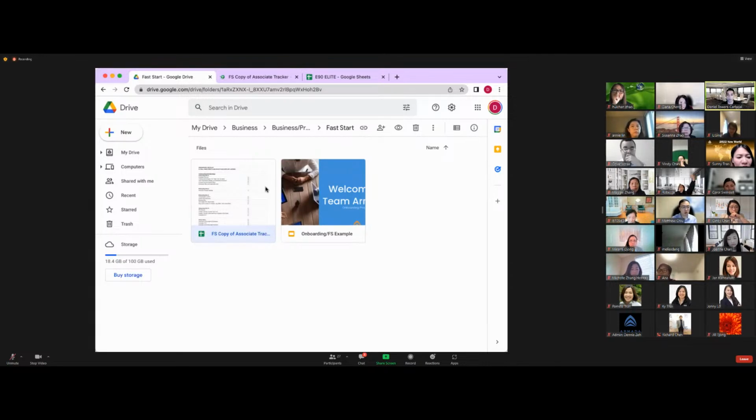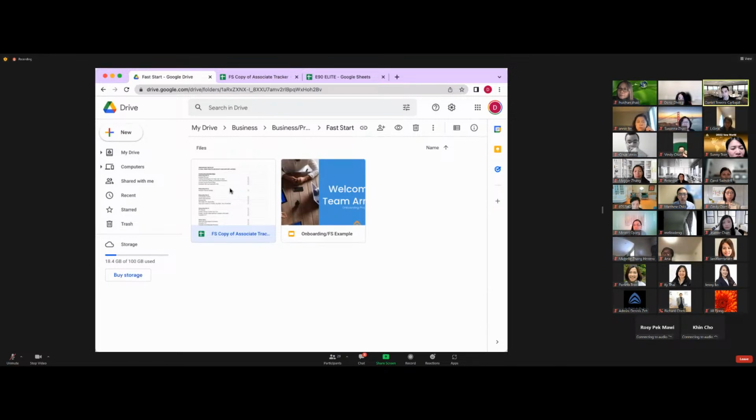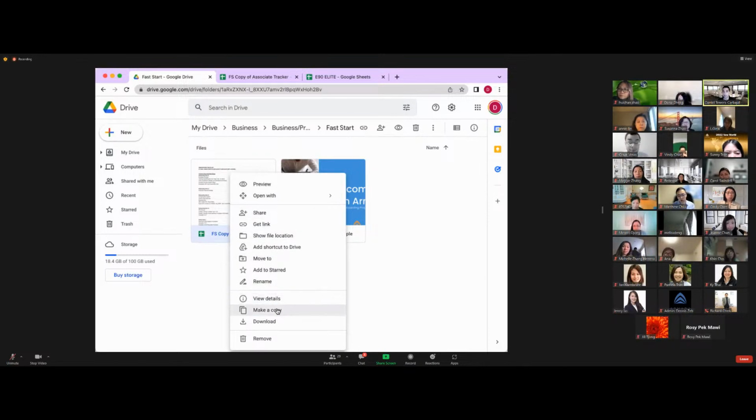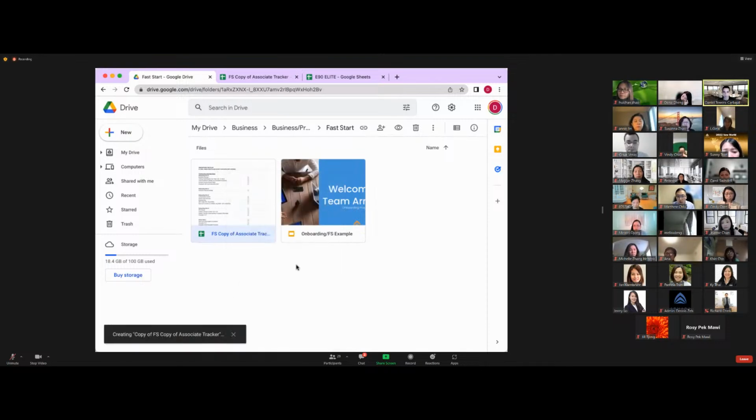What you want to do is make a copy of it and move it into your own Google Drive folder. All you need to do is right click or control click here. You see where it says make a copy? You're simply going to make your own copy.